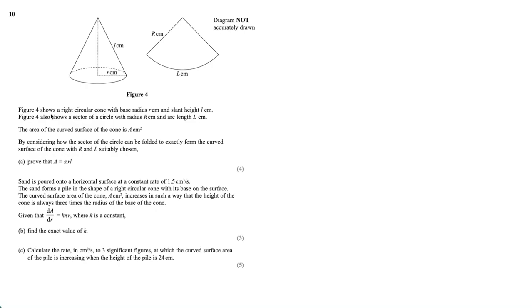Question 10. Figure 4 shows a right circular cone. The area of the curved surface of the cone is A. By considering how the sector, and so on, prove A equals pi r L. Okay, so if you've never seen this before, guys, you can get a sector of a circle and join these two corners together, and that forms the base circle.